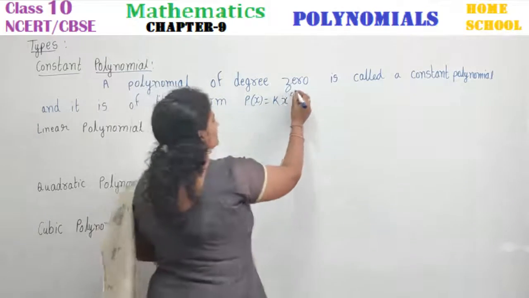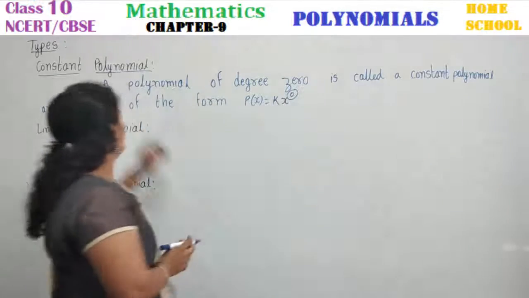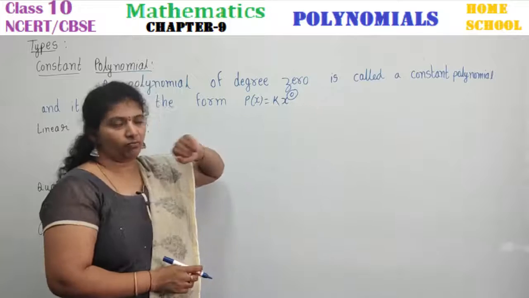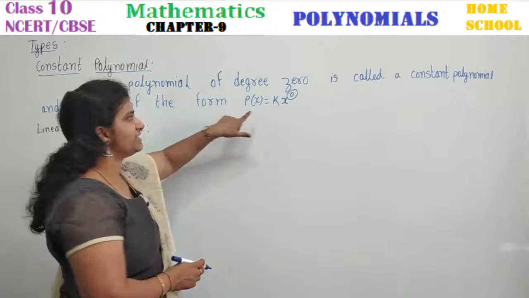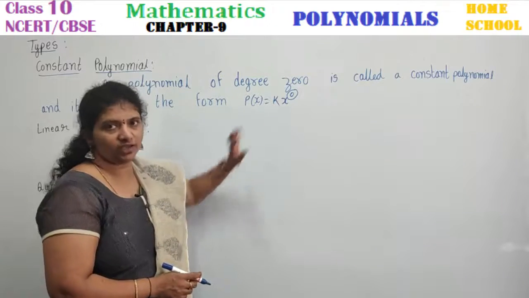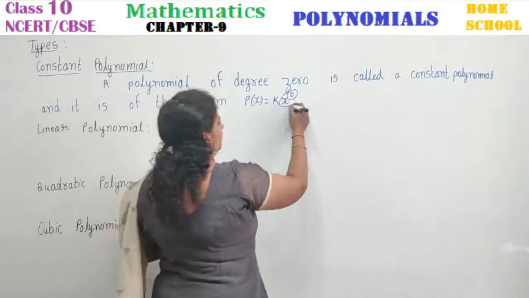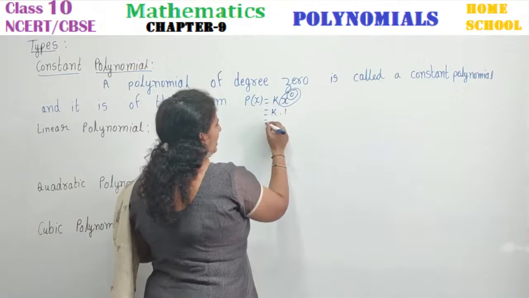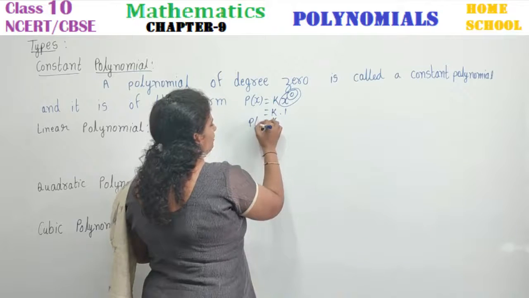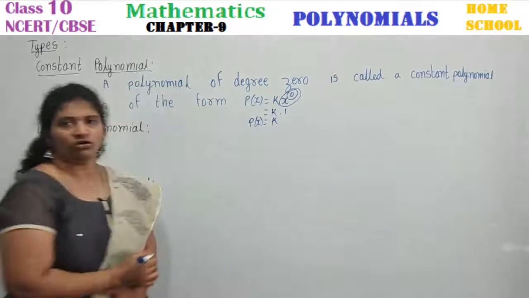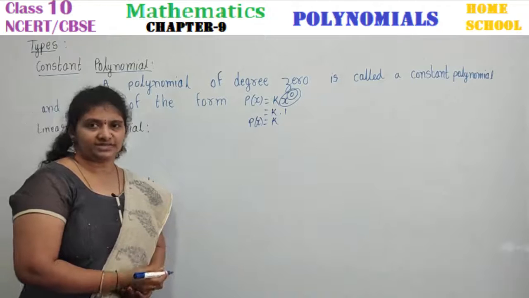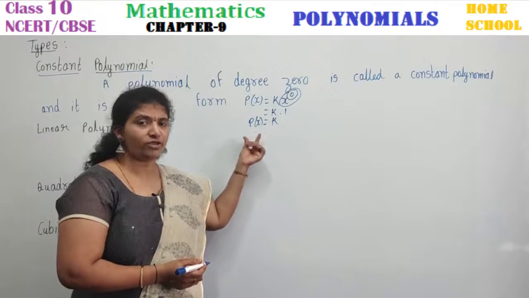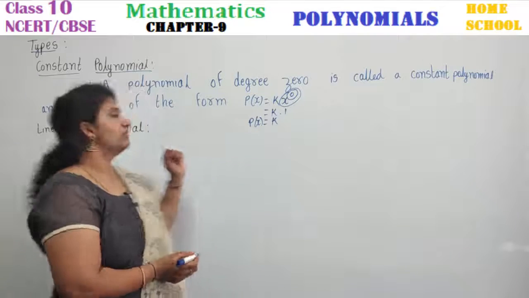So, by saying this, we are saying that a polynomial of degree 0 is called a constant polynomial and it is in the form of p of x is equal to k. Whereas this we won't consider. Why? X power 0 value is 1. K into 1 it will be k. Therefore, polynomial of x is equal to k. Only constant will be there. Constant polynomial is in the form of p of x is equal to k.